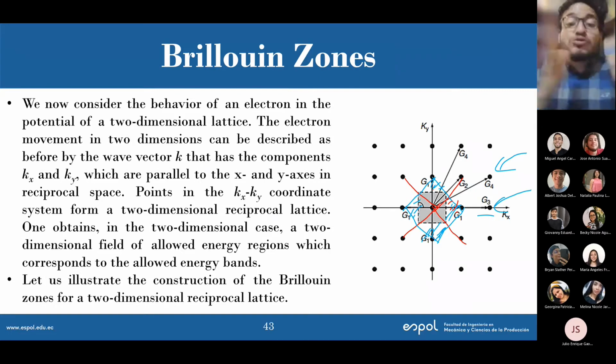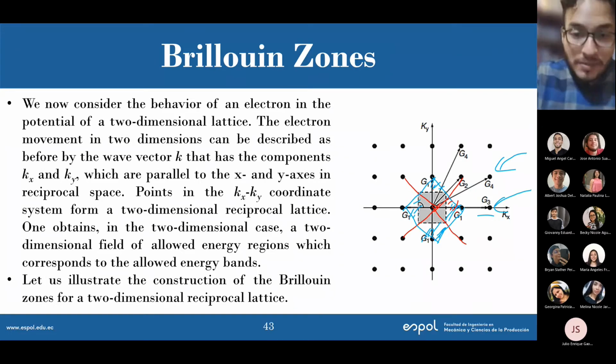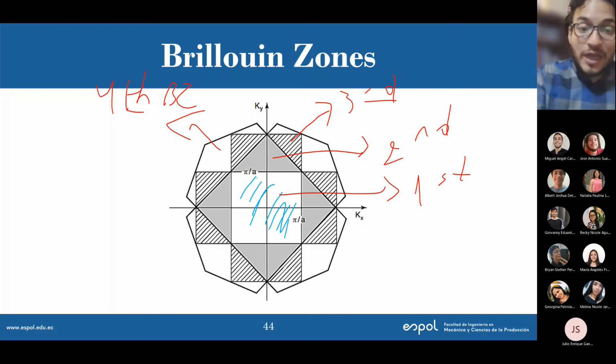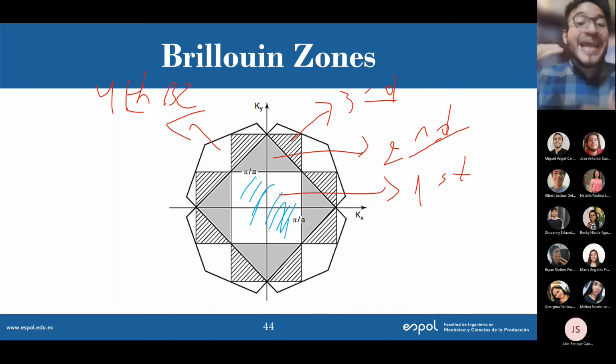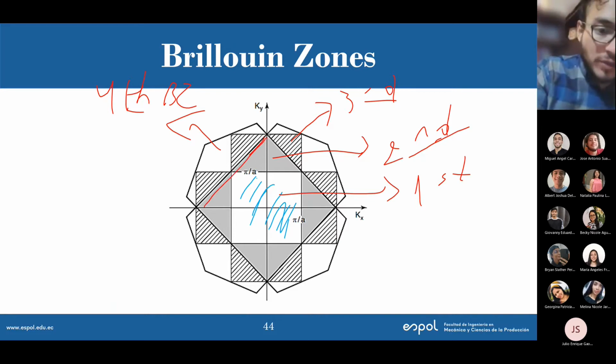It's what's outside that, and obviously limited, in this case, let's say now I'm drawing again the red lines, by the red lines. So the gray triangles that correspond to the second Brillouin zone start where the first Brillouin zone ends, and they go up to where the bisectors are, right? Where the second Brillouin zone is defined.